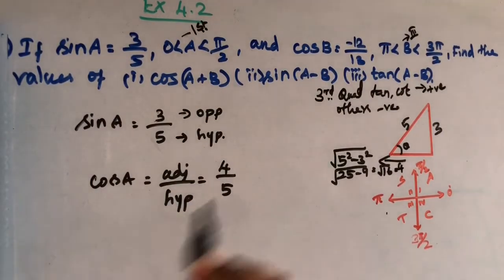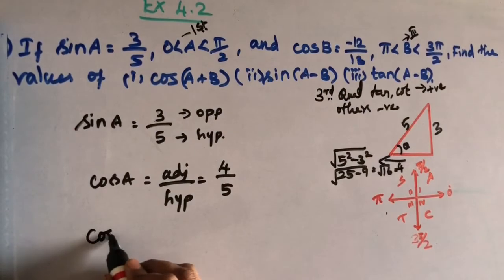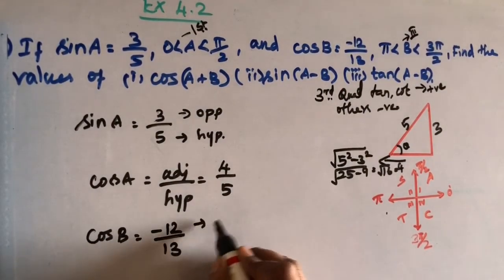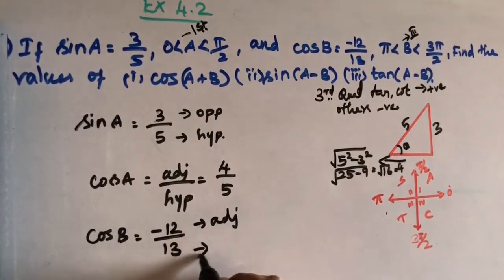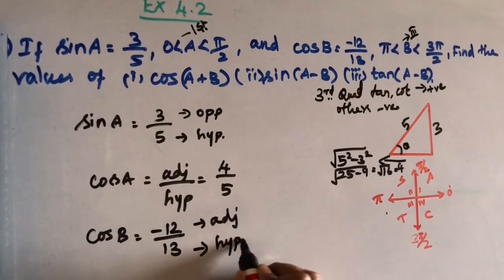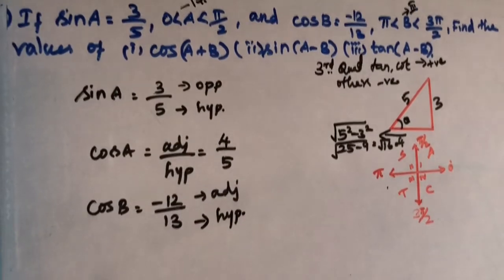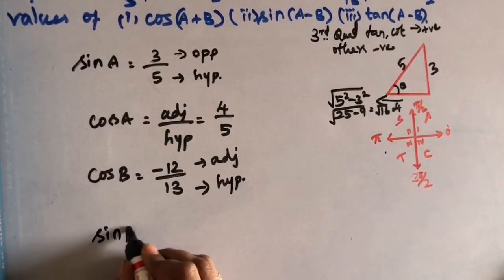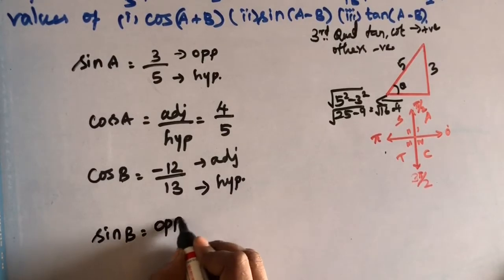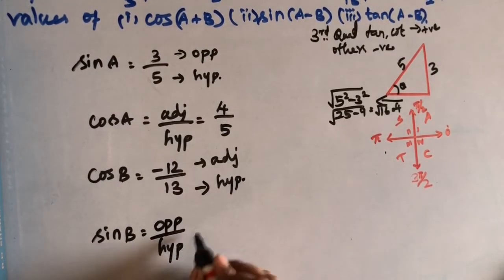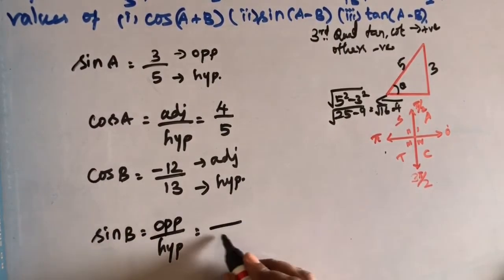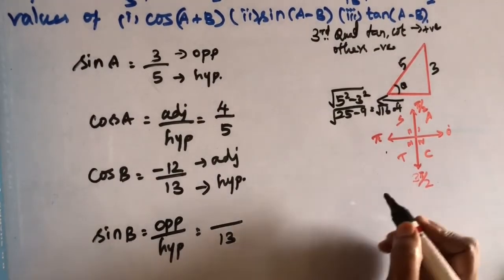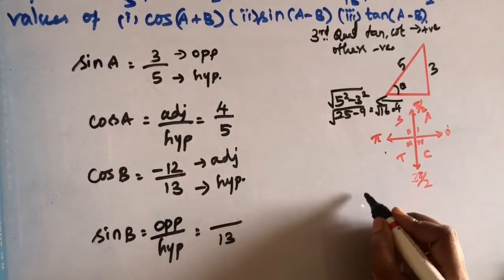Now cos B is equal to minus 12 by 13. As we know, it is adjacent side value over hypotenuse value. We need the value of the opposite side to calculate sin B, that is opposite by hypotenuse. Opposite value we don't know, but hypotenuse is 13. So to calculate the opposite side, what do we do?